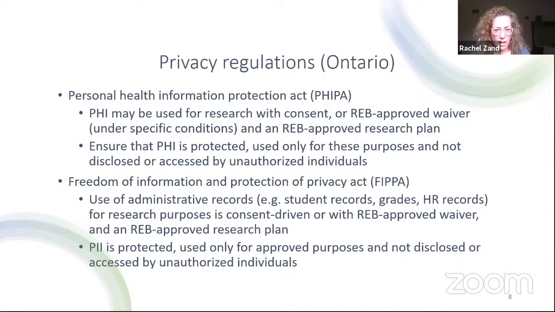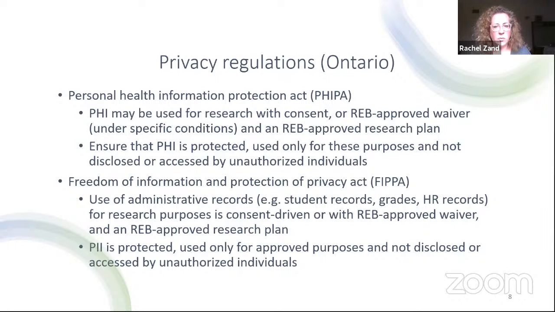The second privacy regulation is the Freedom of Information and Protection of Privacy Act, or FIPA. FIPA has a component regarding access to information for administrative records, but I'm not going to talk about that. What I'm going to talk about is the protection of privacy piece.